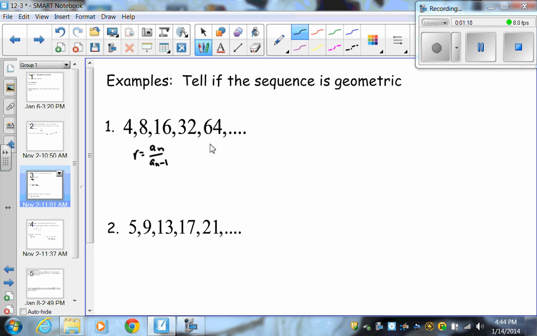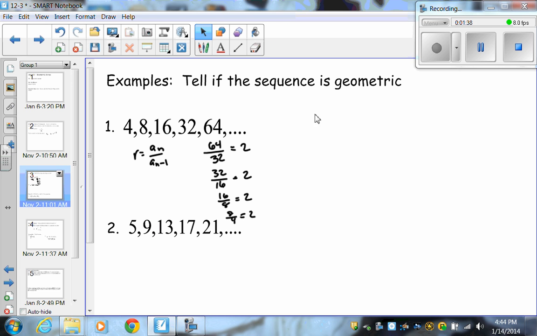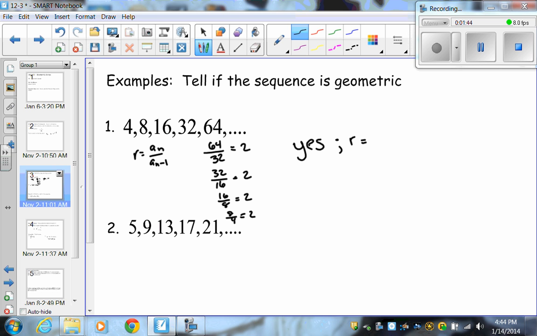So 64 divided by its previous term, 32, gives me 2. 32 divided by its previous term, 16, is also 2. 16 divided by 8 is 2, and 8 divided by 4 is 2. So is this a geometric sequence? The answer is yes, and our r would equal 2.